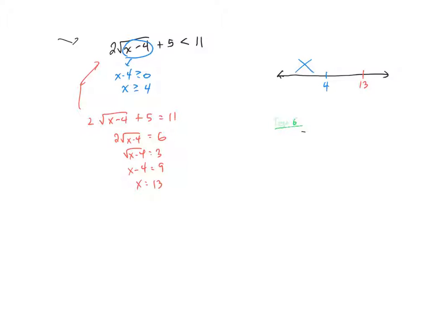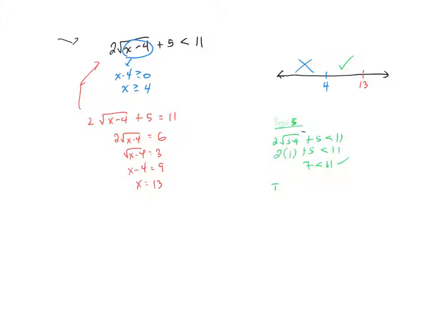If I test 6 in this, 5 would be nice. Let's test 5. So if I test 5, I get 2 times the square root of 1, which is 1, plus 5 is less than 11. So that says that 7 is less than 11. And that's true. So this region here will work.